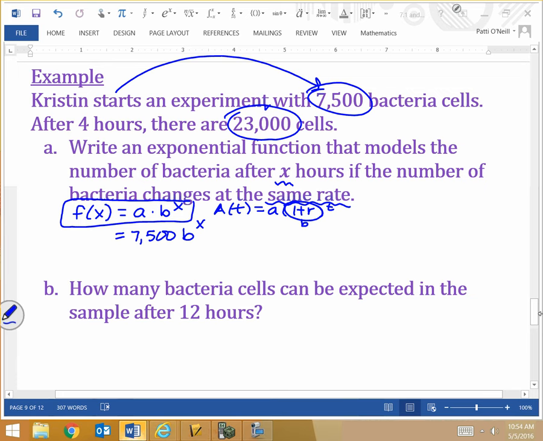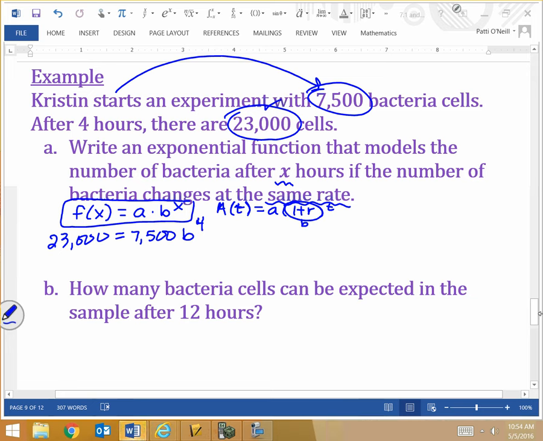The 23,000 then is what we end up with after 4 hours. Although, I shouldn't say I don't know x. I do know x to be 4 in this situation.